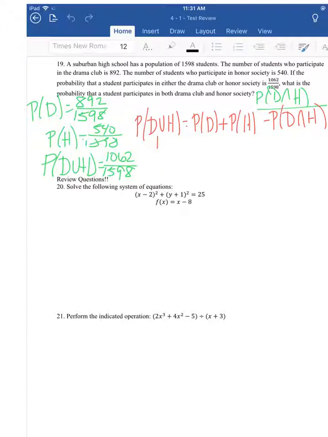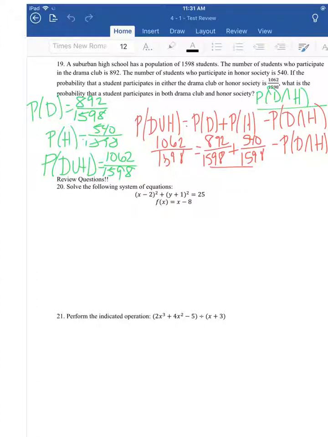So we would do 1062 over 1598 is equal to 892 divided by 1598 plus 540 divided by 1598, and then minus, this is what I'm looking for. Okay, so I can add these two together if I want here and then subtract, or I can just subtract each one.